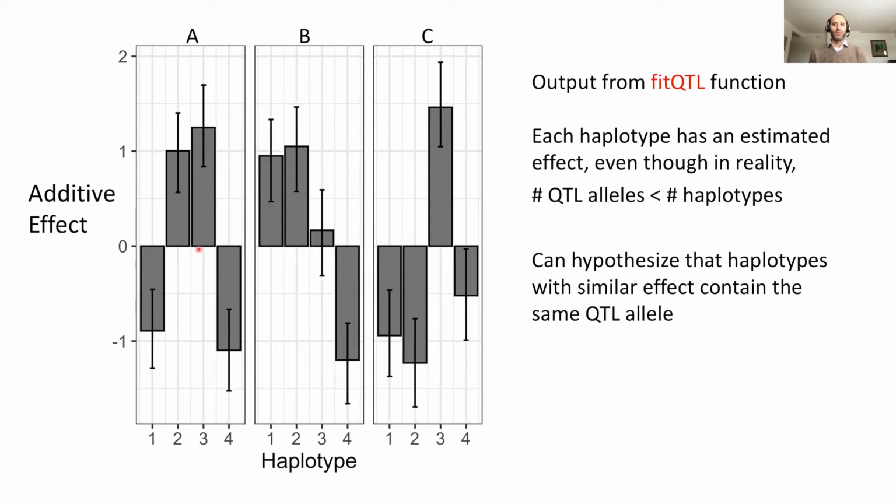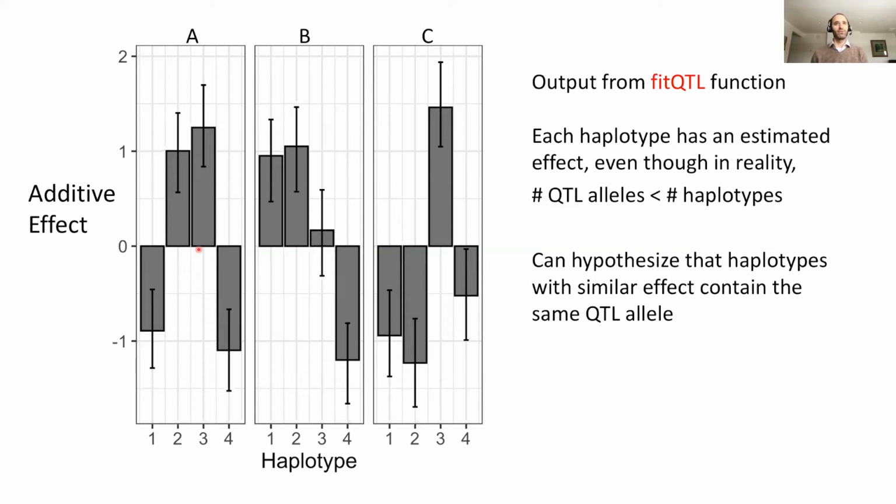And this software at present doesn't have any capacity to automatically determine what is the true number of QTL alleles. But informally, at least, one can look at this and make a hypothesis that haplotypes which have a similar effect may contain the same QTL allele.